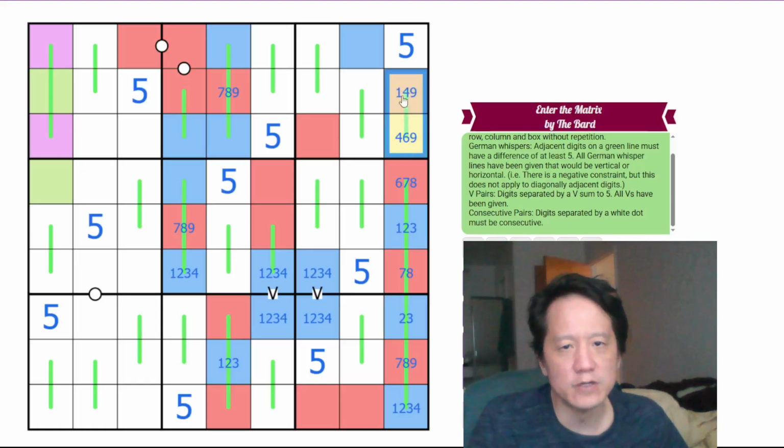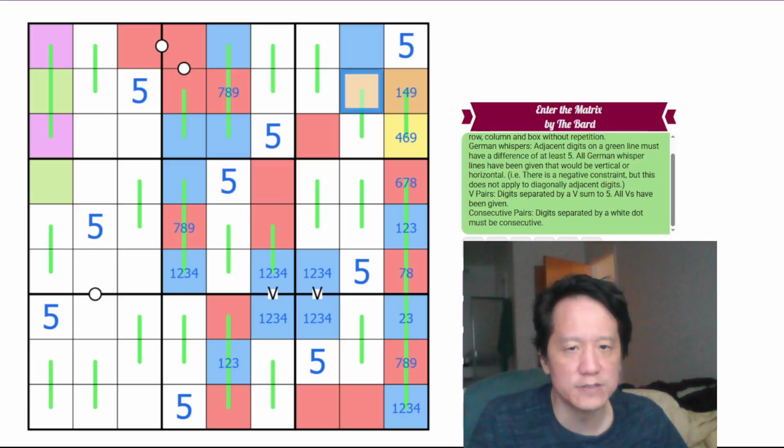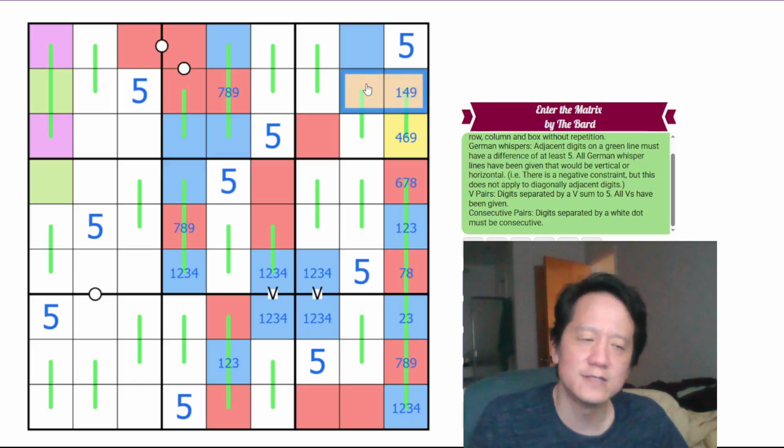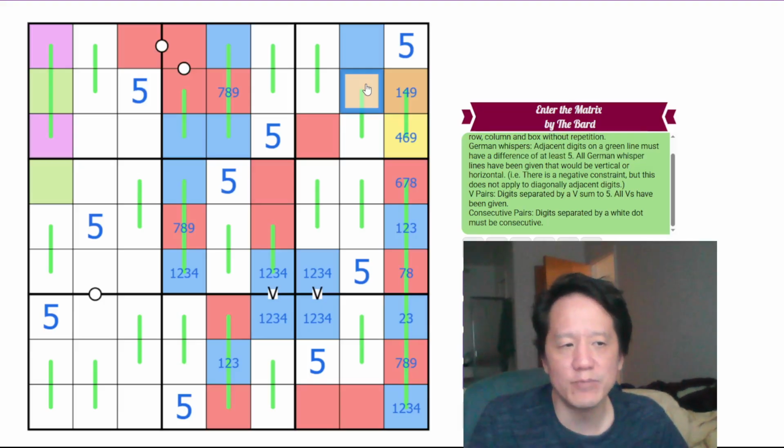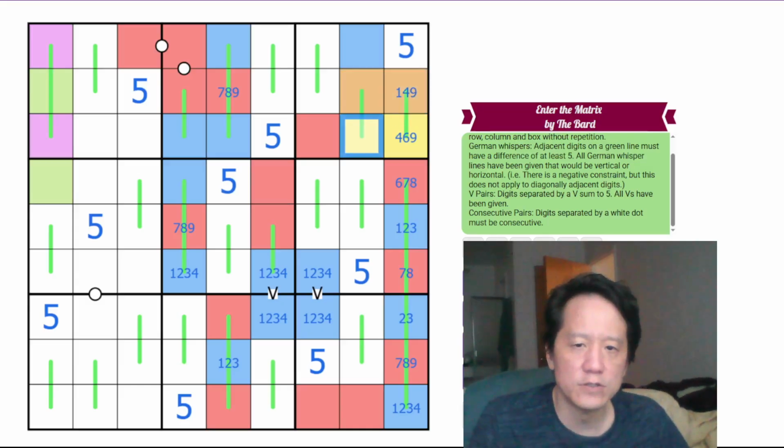The problem is the 1 could not be next to a set that's opposite it. So this would have to be the same set. Same with the 9. The 9 could not be horizontally next to a set which is the opposite of it, because it would force it to have a German whisper line on it if it were the case. So these two are the same set. These two are the same set.